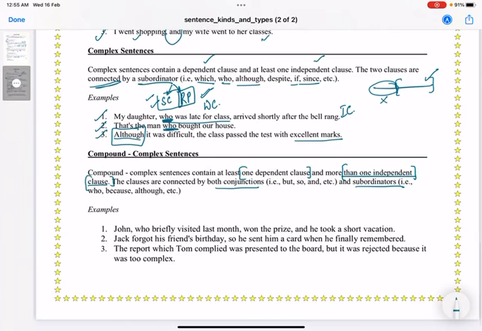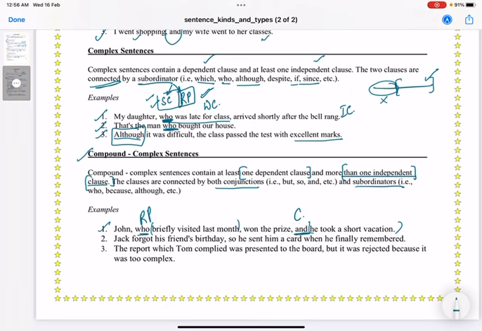For example, John, who briefly visited last month, won the prize and he took short vacation. So here we have our relative pronoun also, our conjunction also. That's why this sentence is known as compound complex sentence. And again, John, who briefly visited last month, won the prize. He took a short vacation.